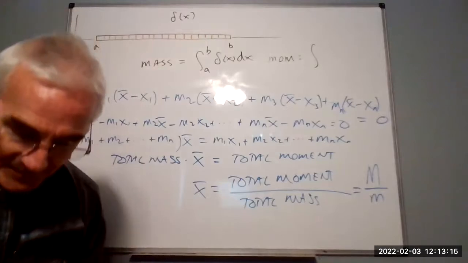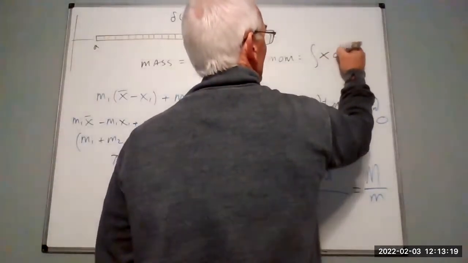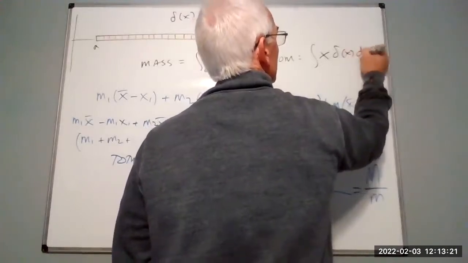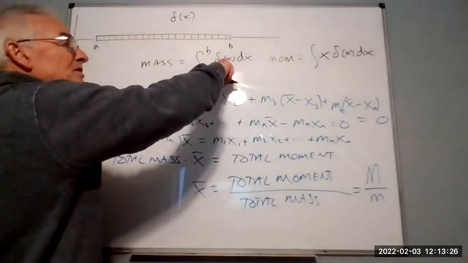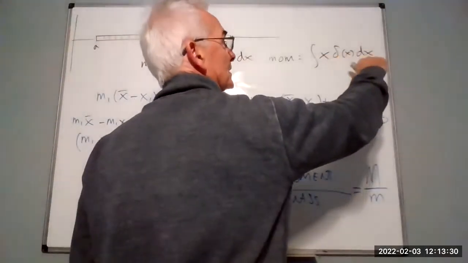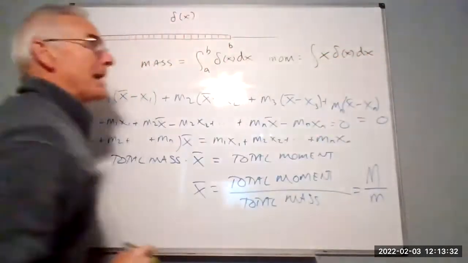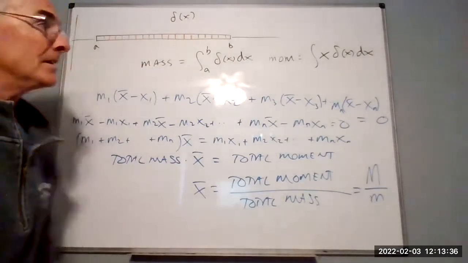So the only thing I have to do is add the x in this. The mass was the density integrated dx. Now it's distance times density integrated dx, because again, that produces the mass. The x has to be inside the integral because the x is not a constant.